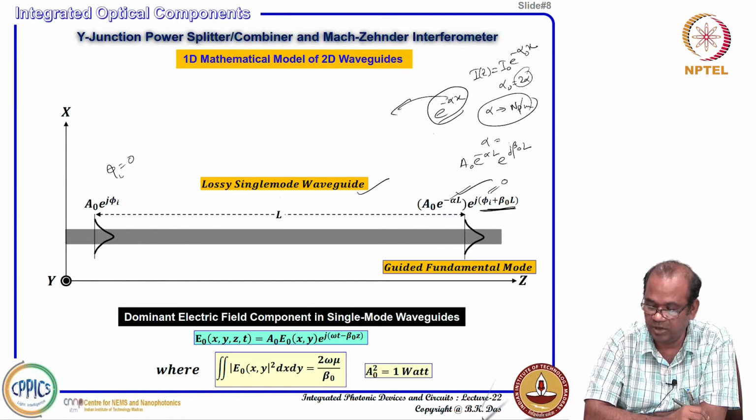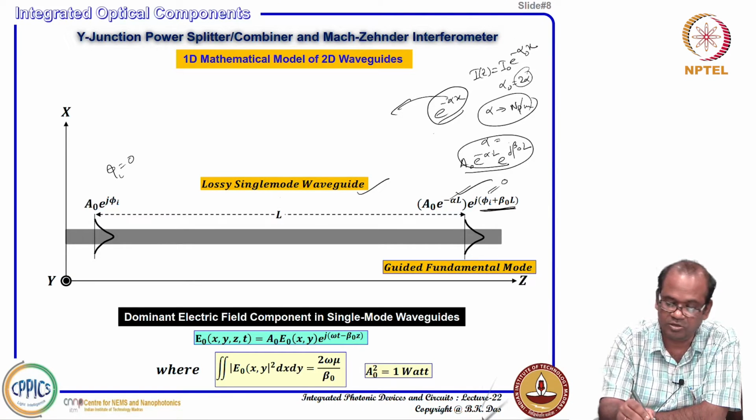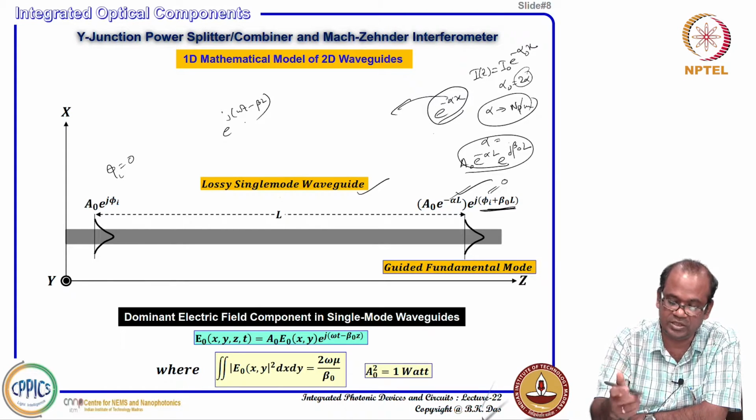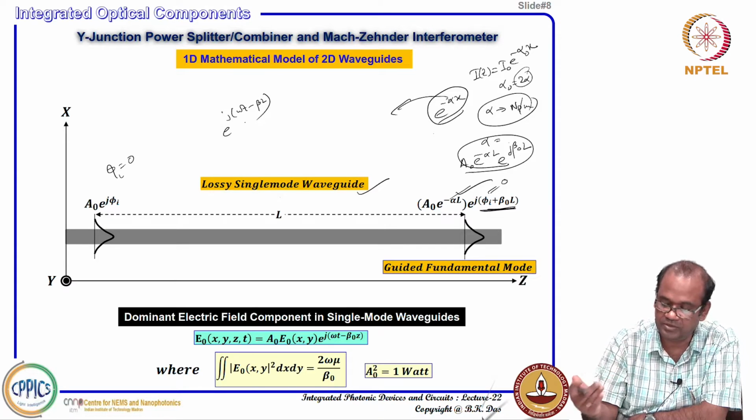That would have been the phase. You might be wondering why the plus sign is there, because the travelling wave is e to the power j omega t minus beta z in the forward direction, but since we are just considering how much additional phase is acquired here.